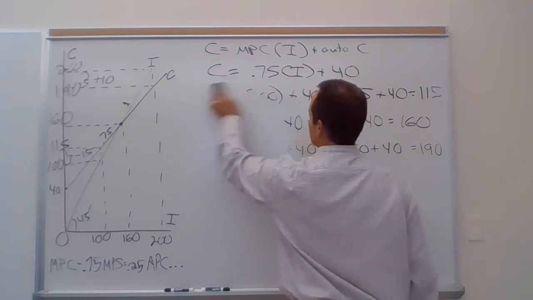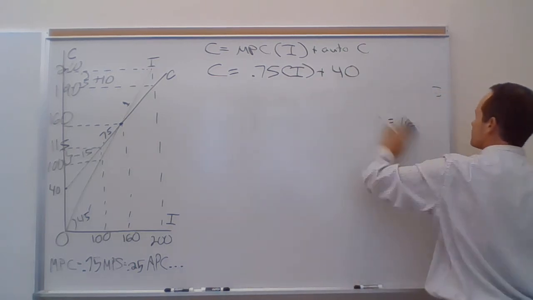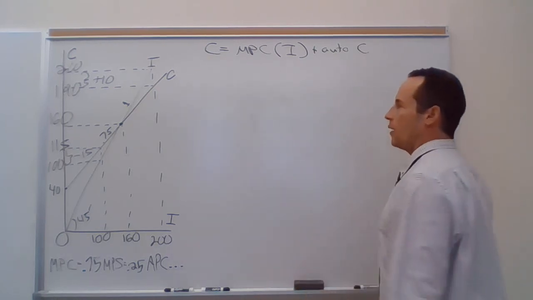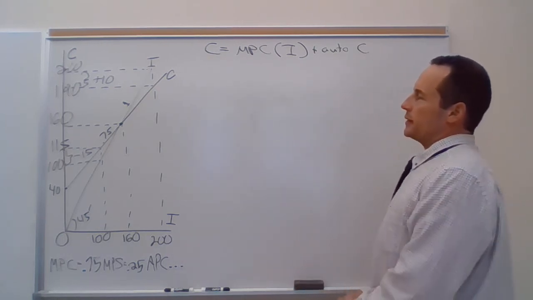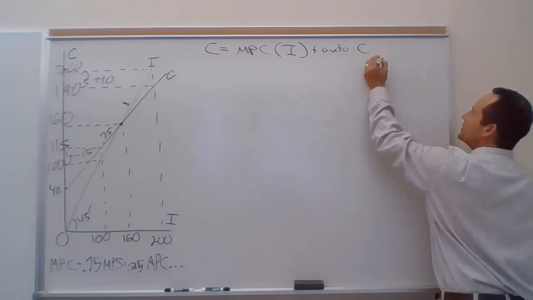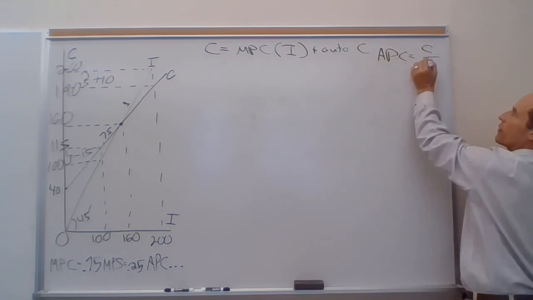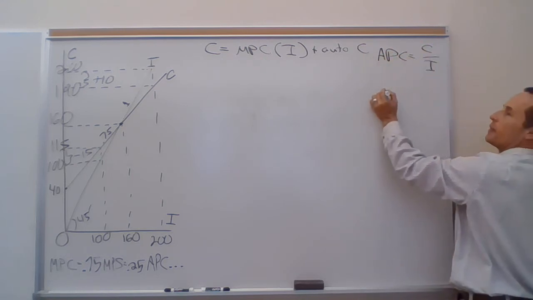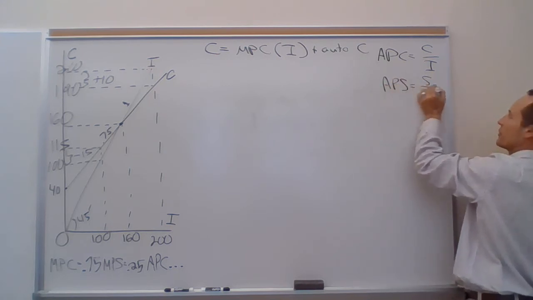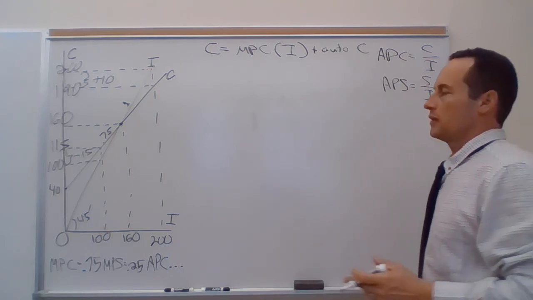Now, lest I forget, APC, APS, let's see about those. APC is consumption over income. APS is savings over income. So let's take a look here.